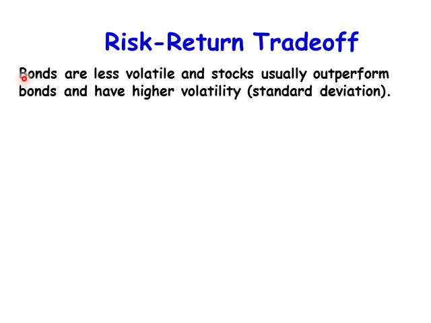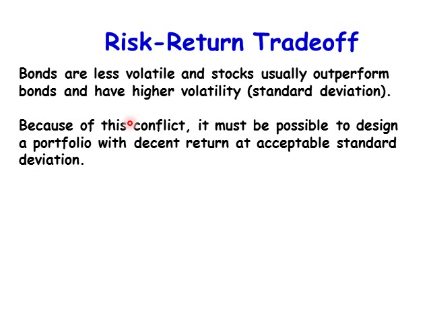So bonds have lesser risk and returns are also not as great. Stocks, equities outperform and have a higher risk. Because of this conflict, it must be possible to design a portfolio with a decent return at an acceptable standard deviation, acceptable risk.